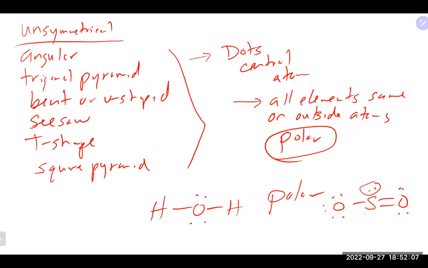I got everybody on the outside the same. That's going to be a polar molecule as well. So this guy here, polar or non-polar? It is going to be polar. We got dots. We got everybody the same on the outside, going to be polar. So you know how quickly you can do a lot of these guys just by looking at it.